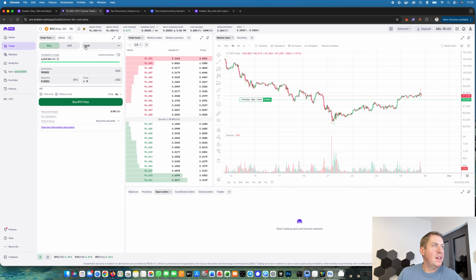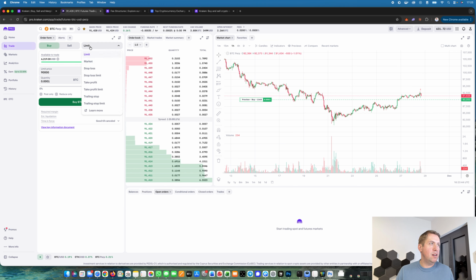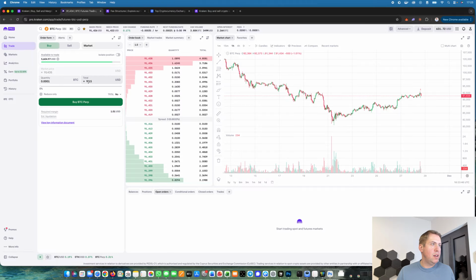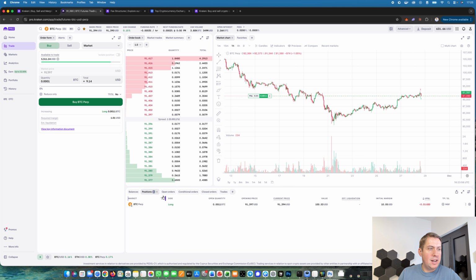And it's gone. And now I will just open a market order to show you. And I can say, okay, roughly $100. Buy BTC perp. And then you can see under positions, not under open orders anymore, but under positions, I have a long order here, for roughly $100. And you can see here your profit, that you are up or down right now.